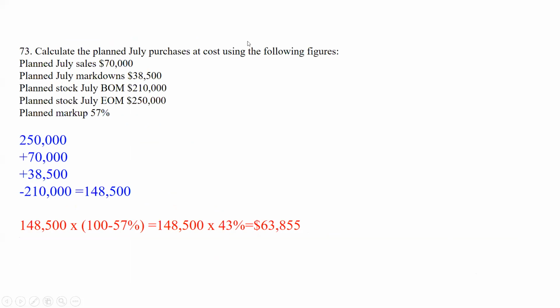I see that most of you got that. So when you're converting this 148,500 to the cost value, you're going to do 100 minus markup percent to give you 63,855.